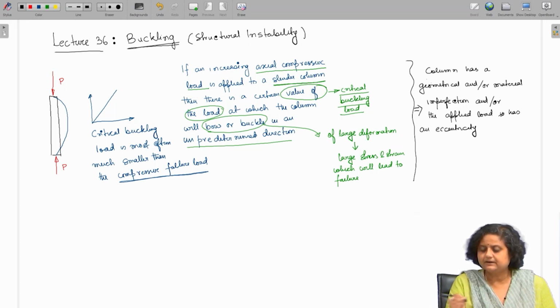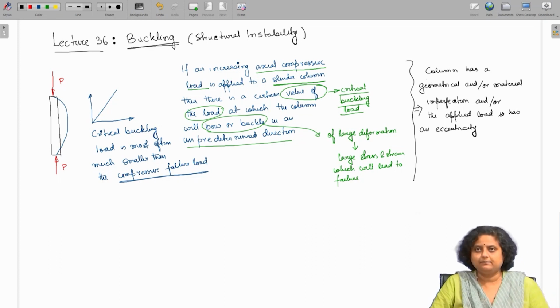That is, there is some inhomogeneity, the material is not evenly distributed, the support conditions are not perfect, there is some misalignment in the support condition, there is some asymmetry due to the manufacturing process. So, all this imperfection either in geometry or in material will lead to this kind of buckling phenomenon.